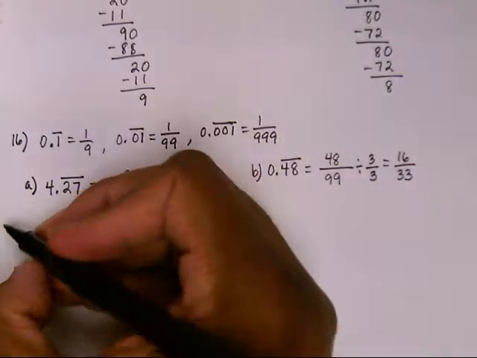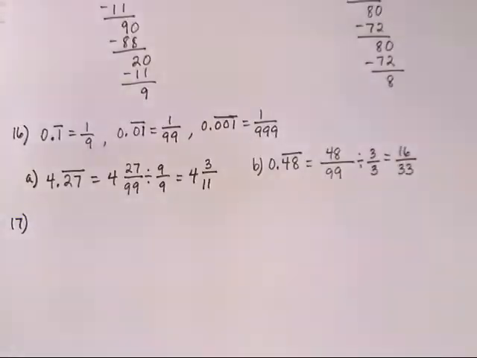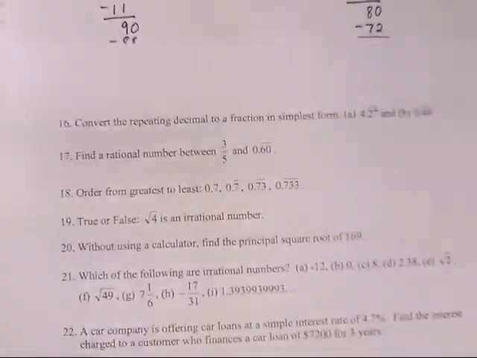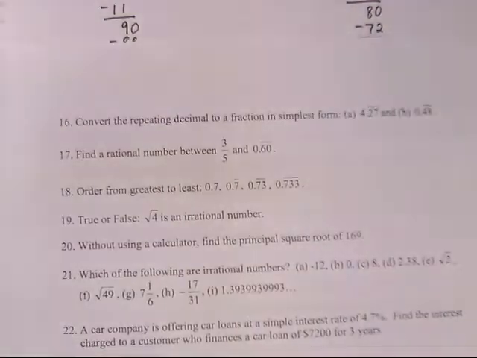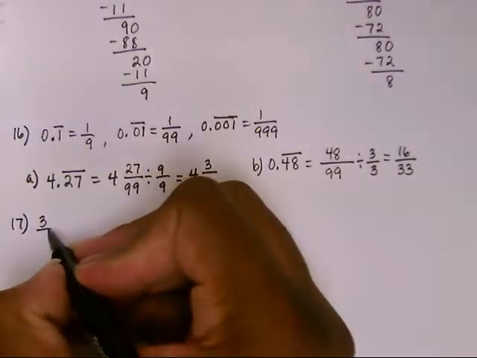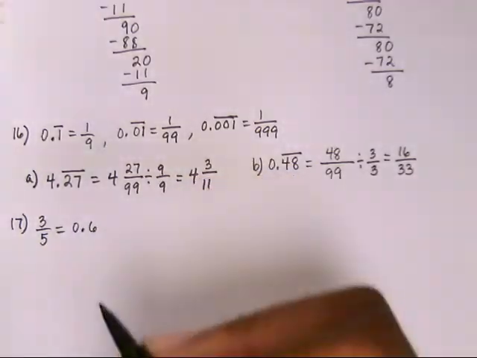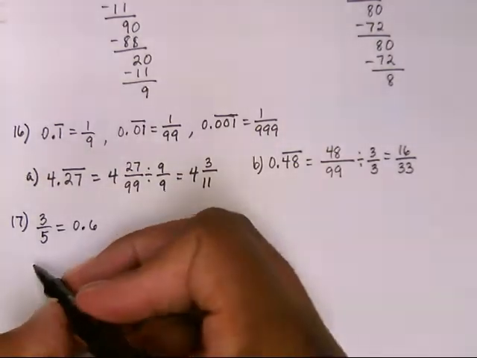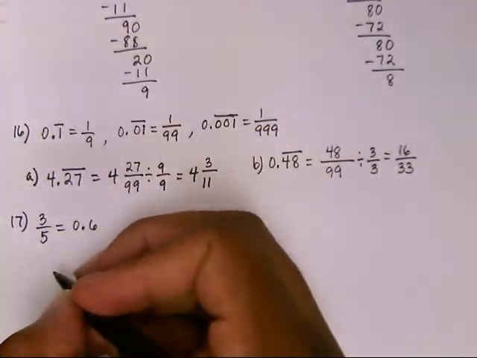Alright. Number 17. Find a rational number between 3/5 and 0.60, where the 6 and the 0 repeat. Now if I do 3/5 as a decimal, that's going to end up being 0.6. And of course you can do 5 and the 3, you'll see that it ends up being 0.6.